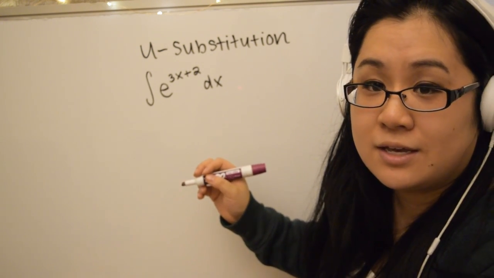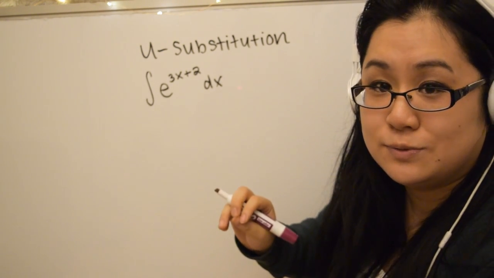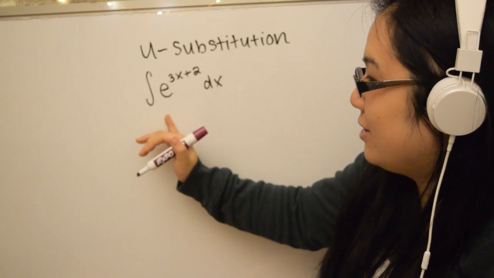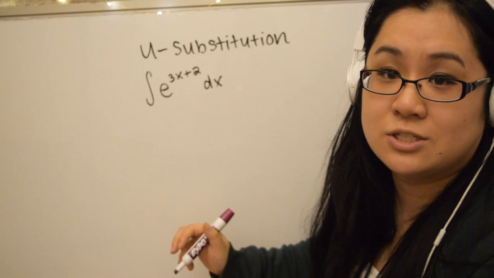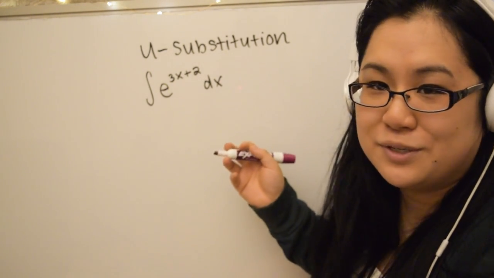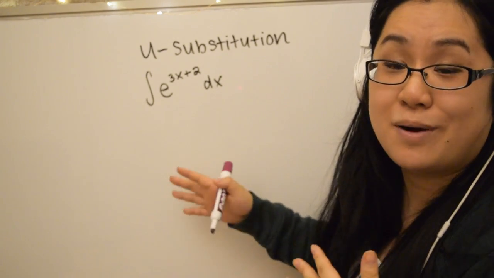If we pick a convenient u, this will make our integral much easier to solve. That is our goal. We could substitute whatever we wanted for u, but that might not simplify the problem.